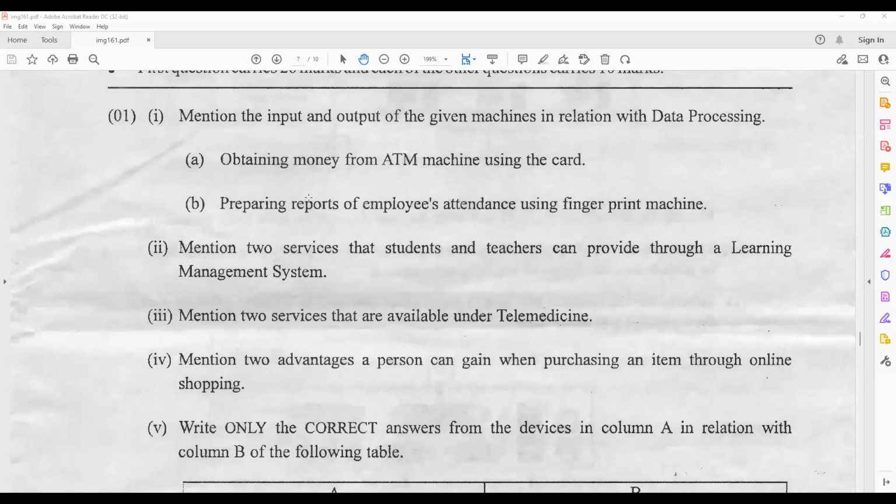First one, you say input, space, whatever it is. Then second one, output. Preparing reports of employees' attendance using fingerprint machine. Okay, so hope you are ready. Are you ready?